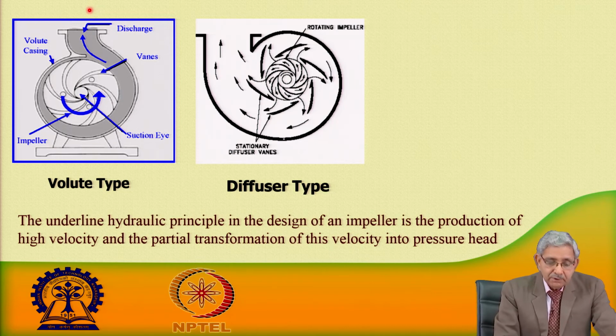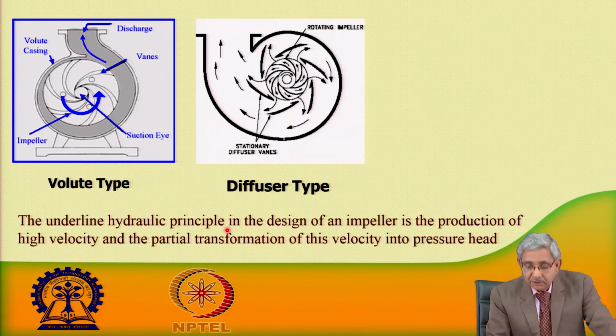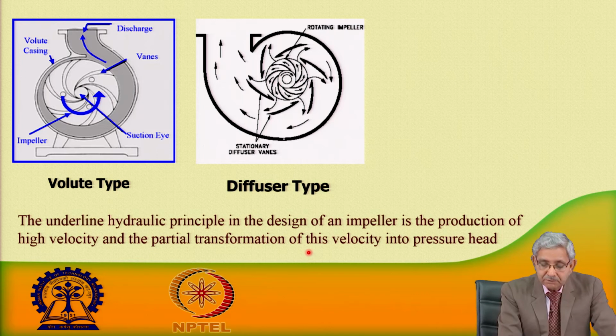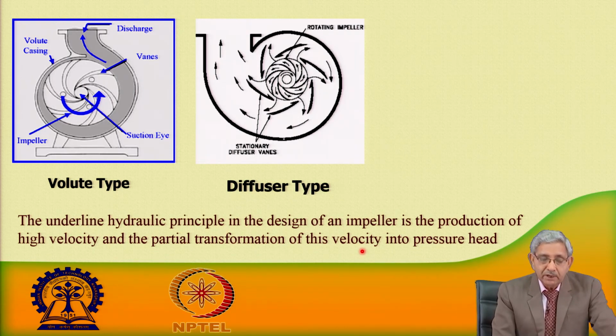In the case of a centrifugal pump, the underlying principle in the design of the impeller is production of high velocity and partial transformation of this velocity into pressure head.